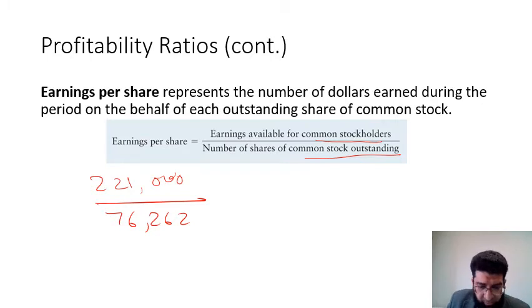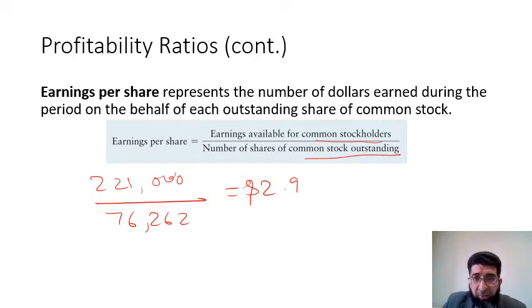It comes out to be $2.9. Now for every stock, we are earning $2.9, or at least it is available for common stockholders, and the higher the better.